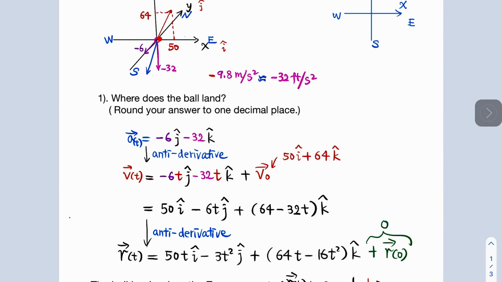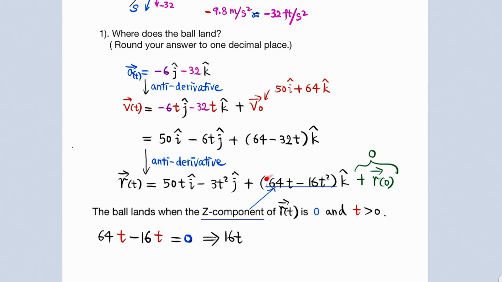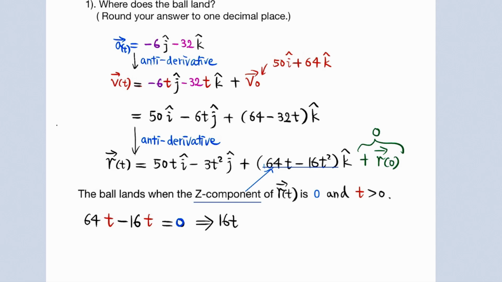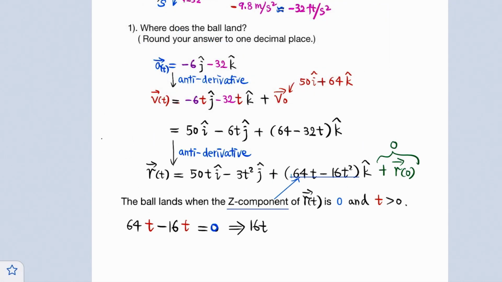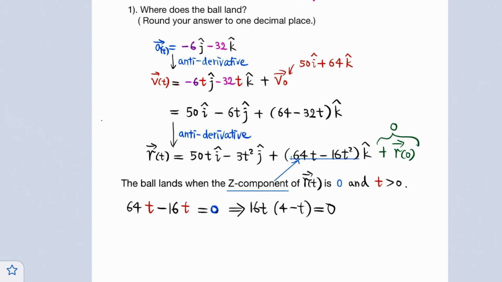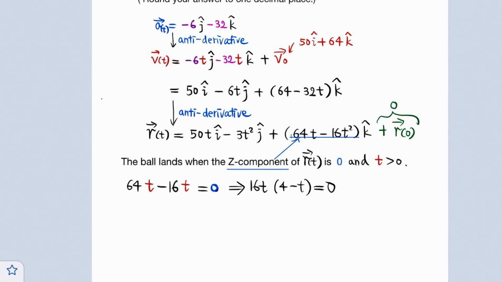Now remember, when the ball lands on the ground, it's going to land on the xy plane, so the z component of r(t) is going to be 0. Setting the z component of r(t) equal to 0, we get 16t times (4 minus t) equal to 0. Since t is greater than 0, t will be equal to 4.